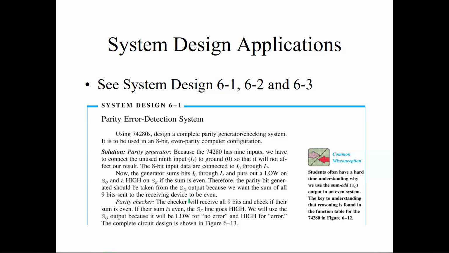So with these specific chips, they have 9 inputs. So we work the 9th one as a ground so that it won't affect results, because what you are always looking for is a good, steady signal. This will probably make a lot more sense once we get into lab.